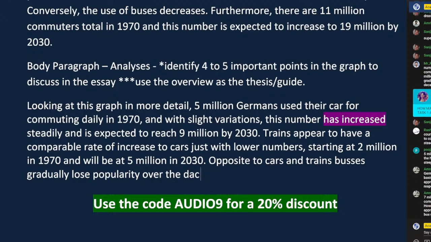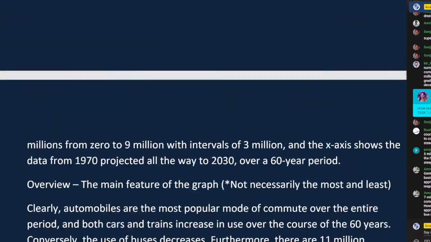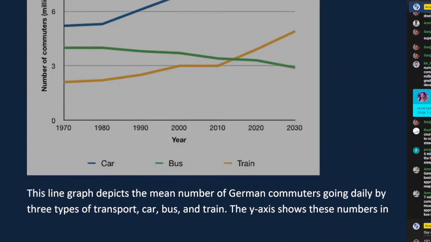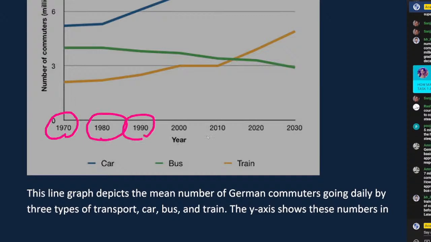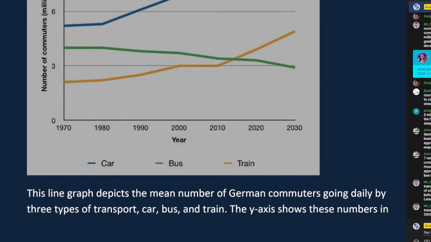It's gradual, it's not steady, it's not fast, it's gradual. Decades means 10 years, because you can see that the graph is showing decades on the x-axis, right? You've got 70, 80, 90, 2000. So those are your decades. So it's steadily decreasing in popularity over the decades.